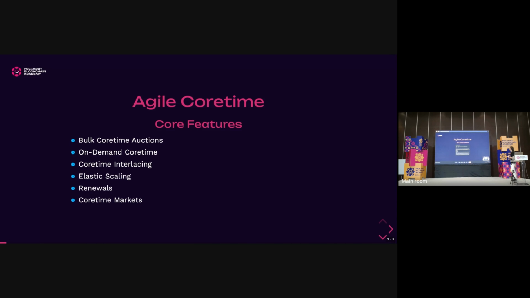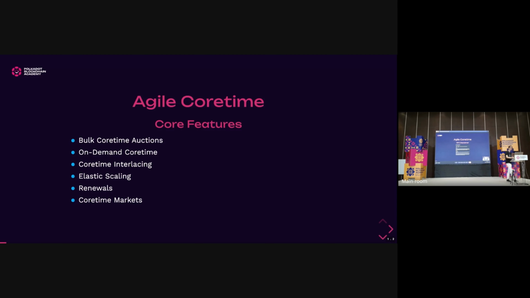And some of the features, not to go too deep into them, but we'll be having items like, if the slide loads, bulk auctions, which will be the main source of your Coretime or Coretime tokens.